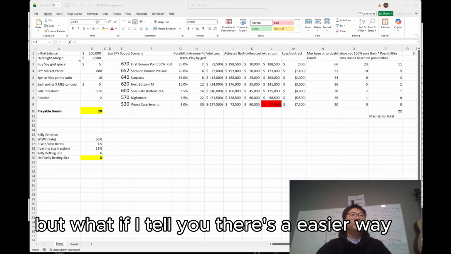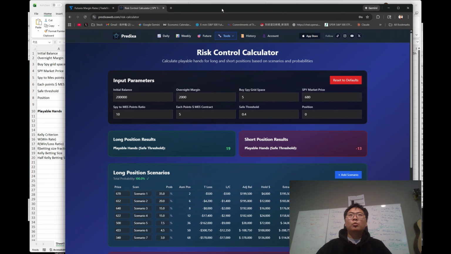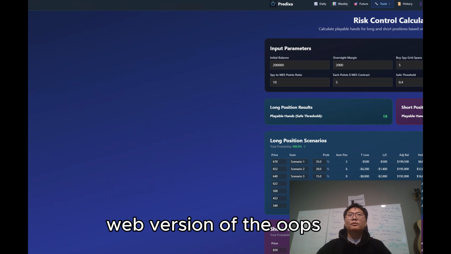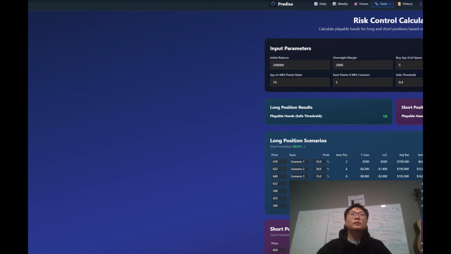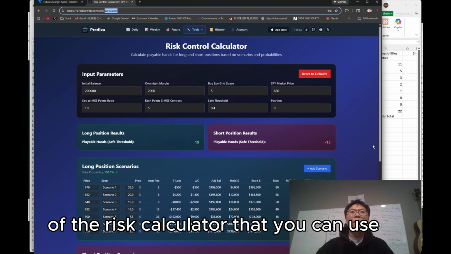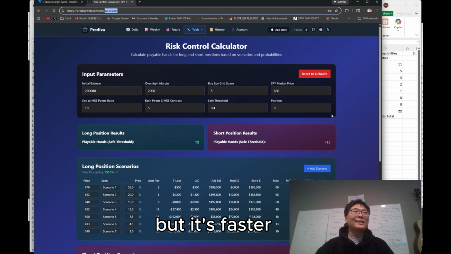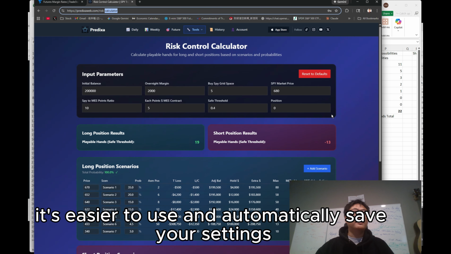But what if I tell you there's an easier way? Let me show you this web version of the risk calculator that you can use. This does everything that Excel does, but it's faster, it's easier to use, and it automatically saves your settings.